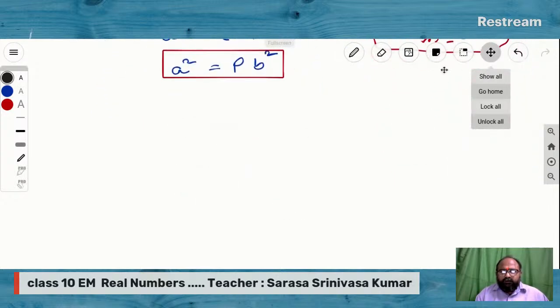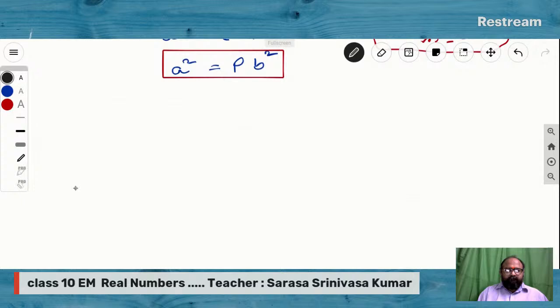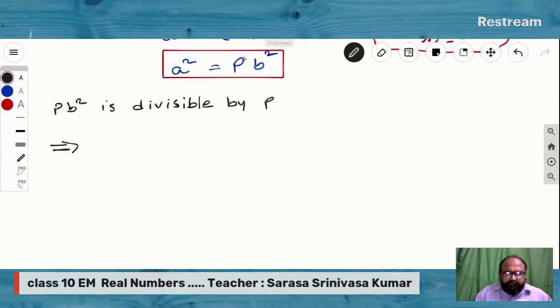We got a square equal to pb square. So now we write pb square is divisible by p. This implies that, so when the right hand side term pb square is divisible by p, a square should also be divisible by p.